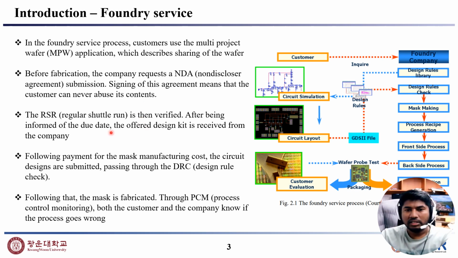The regular shuttle run is then verified, and following payment of the mask manufacturing cost, the circuit designs are submitted, passing through the DRC, that means design rule check. Then the mask is fabricated through PCM, and both the customer and the company know if the process goes wrong.